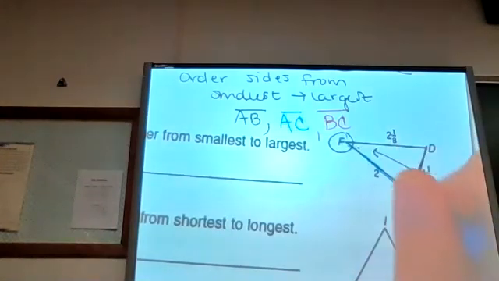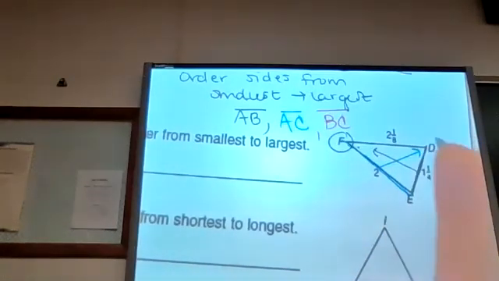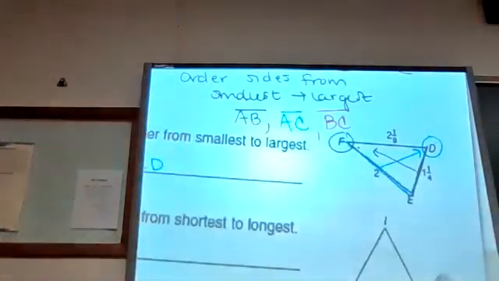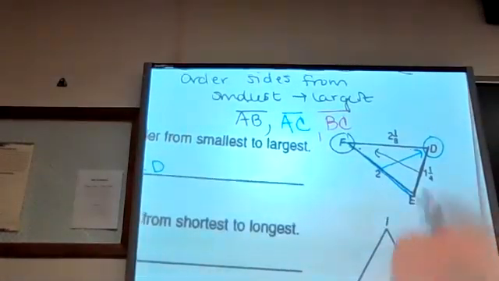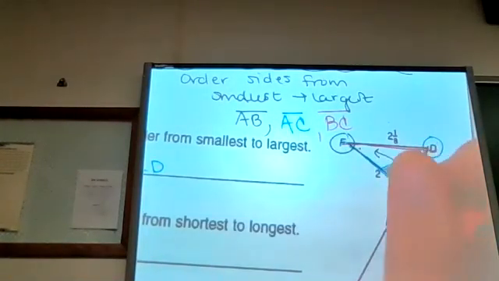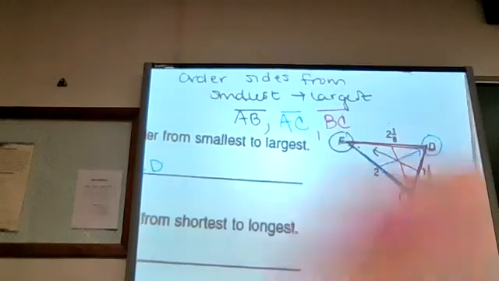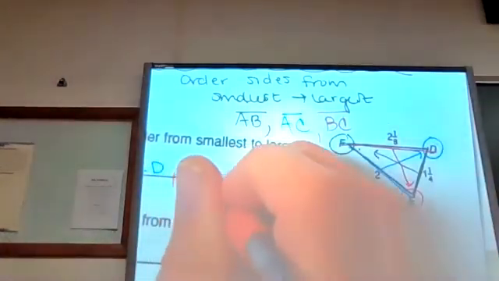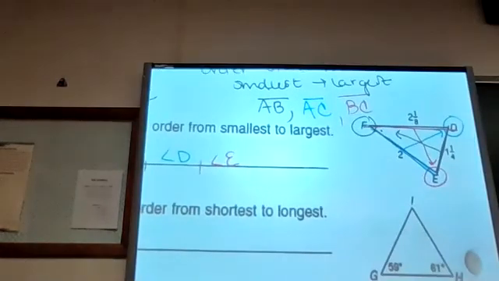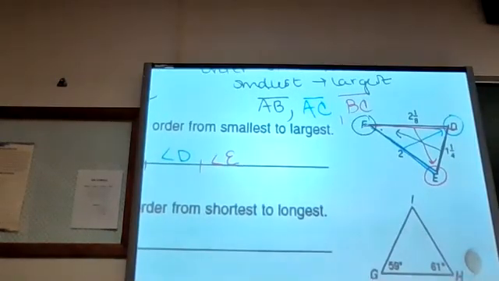So this length is coming from this angle directly across from it, angle D. The longest length in this triangle is here. This longest length is coming from the angle across from it, angle E. Okay, so given sides, I can order my angles.